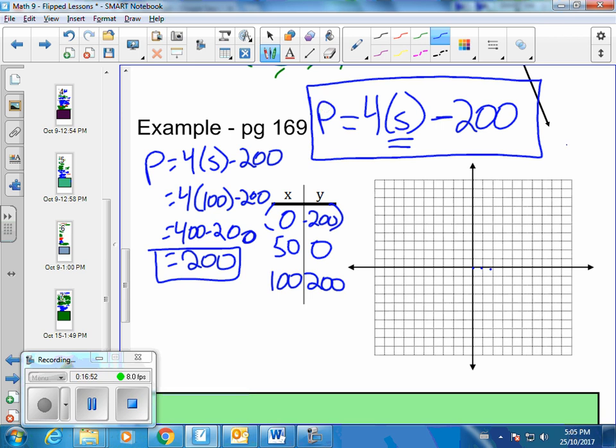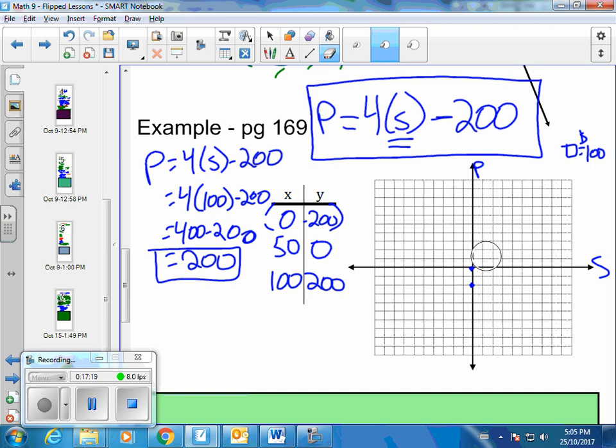So each square is $100. I'm going to have my profit as my y-axis and my students as my x-axis, right? So if 0 students show up, I lose 200 bucks. There's my first point on the graph.